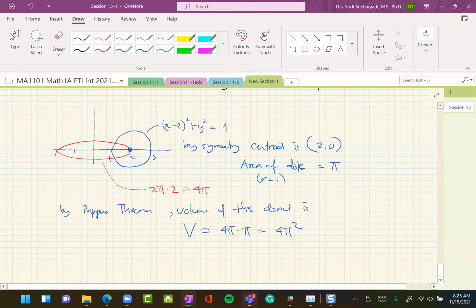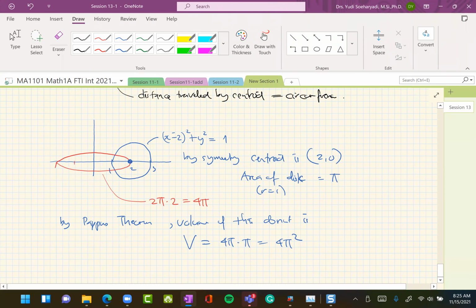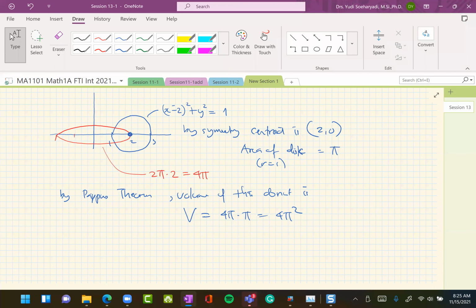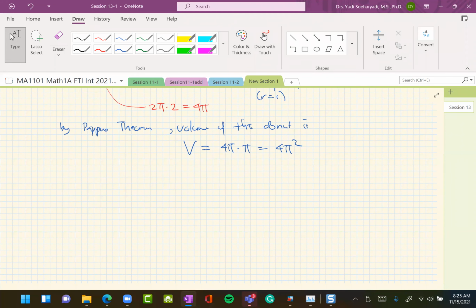Okay, I forgot to record this Pappus theorem. Anyway, we get the volume of a donut by Pappus theorem easily. You can even have something more general, a donut with large radius and small radius.